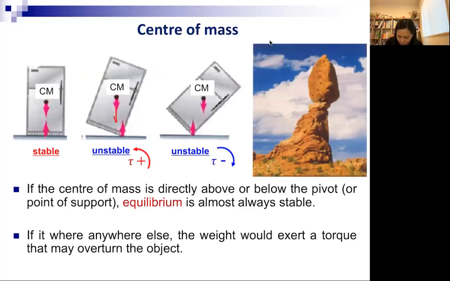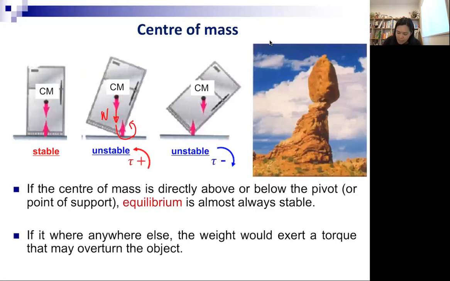So you'll have a downward gravitational force, and the tendency of that gravitational force will be to rotate that object in the anti-clockwise direction. Therefore, you have a positive torque in that case.